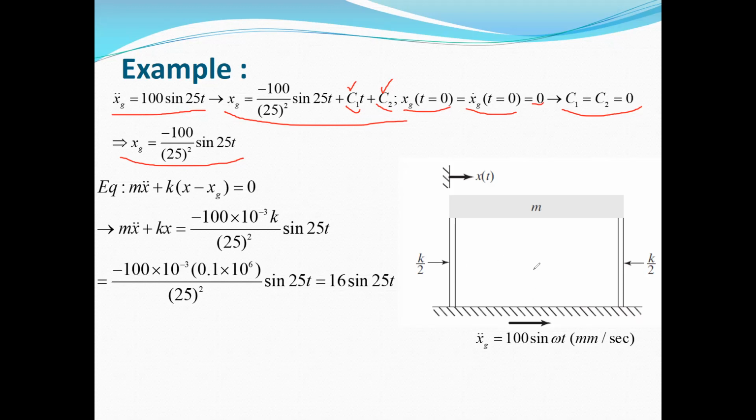Now we can extract the equation of motion for this system. This is similar to a simple single degree of freedom system with one mass and one spring with the stiffness K. So the equation of motion is m x double dot plus k times (x minus xg), because if we assume that instead of these two bases, we substitute one equivalent spring, the displacement of this spring is the difference between the displacement of these two ends, which is the difference between xg and x(t).